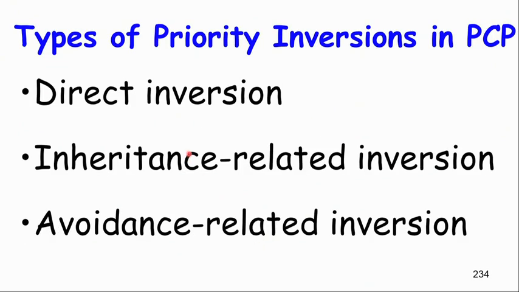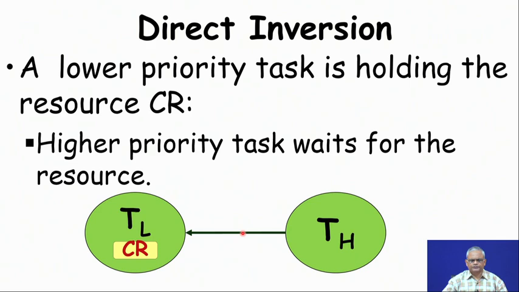Now, let us do a small analysis of the priority inversions that can occur in the priority ceiling protocol. If we look at the different types of priority inversions that can occur in the priority ceiling protocol, we will have three types of inversion. One is called direct inversion, the other is inheritance related inversion, and the third we call avoidance related inversion. The direct inversion is simple.